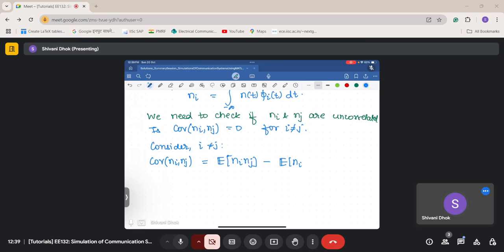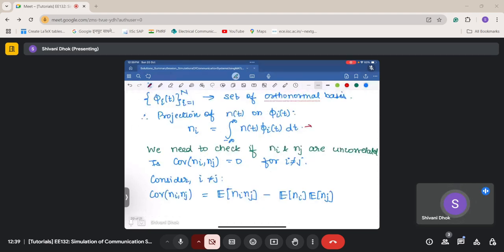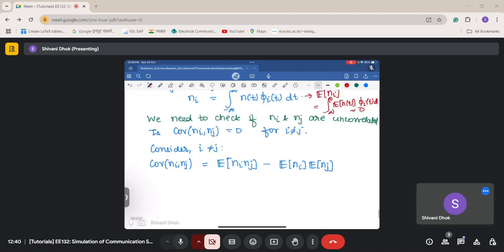Now what is the expectation of this quantity? The expectation of Ni will be equal to the integral from minus infinity to infinity of the expectation of n(t) into phi_i(t) dt. The expectation of n(t) is equal to 0, so this part is equal to 0.